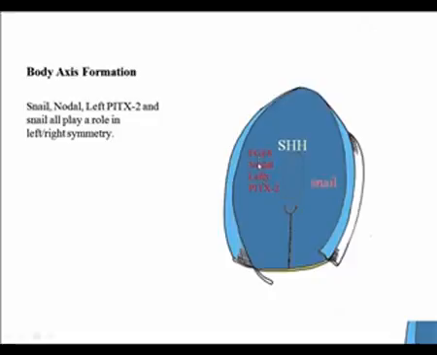Fibroblast growth factor is going to lead to the upregulation of nodal, which leads to the upregulation of lefty, which leads to PITX2 forming, and these are all factors that play a role in determining that this is the left side of the body, while snail is important for determining the right side of the body. So now we have a body axis formed, a head, a tail, a left, a right, dorsal, where the epiblast is, and ventral, where the endoderm is.